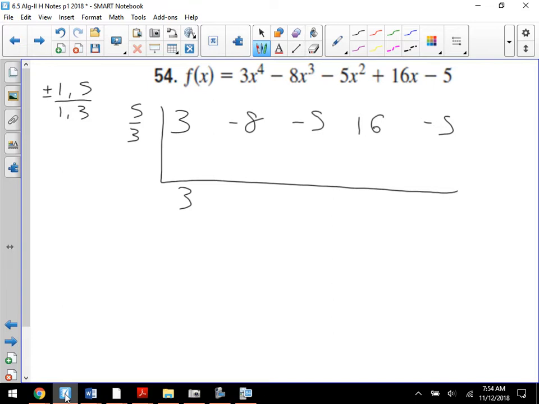So we try 5/3. 5/3 of 3 is 5. 5/3 of -3 is -5. So now that becomes -50 thirds. But this is the same thing as 48 thirds, so that's -2 thirds. And then that's what? -10 ninths.